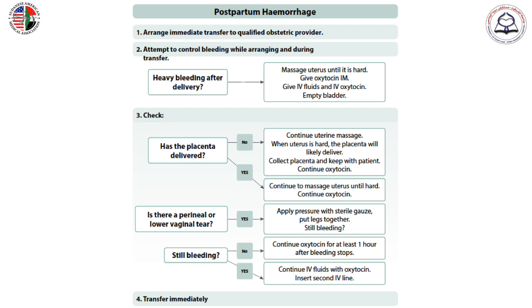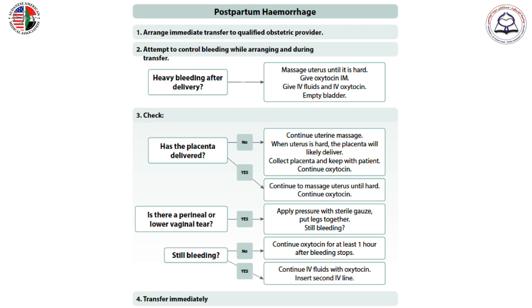You can give repeated doses of oxytocin, and sometimes you need continuous infusion of oxytocin. Assess whether the placenta was delivered; contracting the uterus by massage and oxytocin can induce delivery of the placenta. Try to collect it in a clean bag and transfer it with the patient if your facility cannot handle this kind of patient.